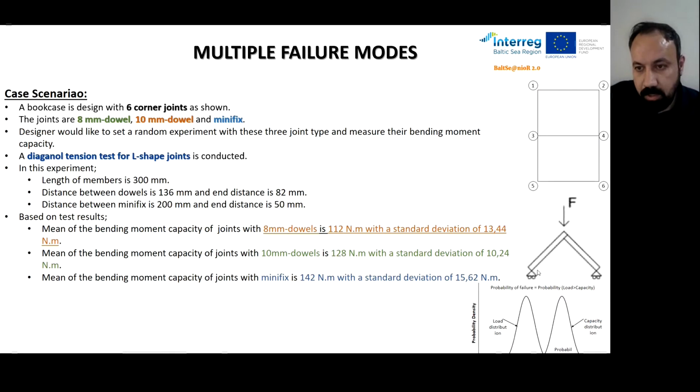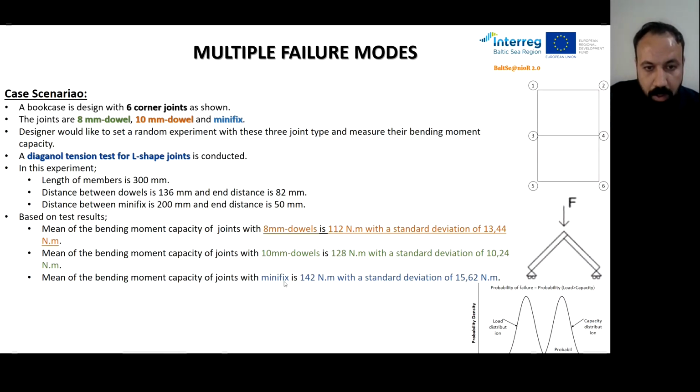So I tested this L-shaped joint with the 8mm dowels, and my average bending moment capacity is 112, and the standard deviation is almost 13. If I use 10mm dowels in this L-shaped joint, the average bending moment is 128, and the standard deviation is 10 Newton meters.